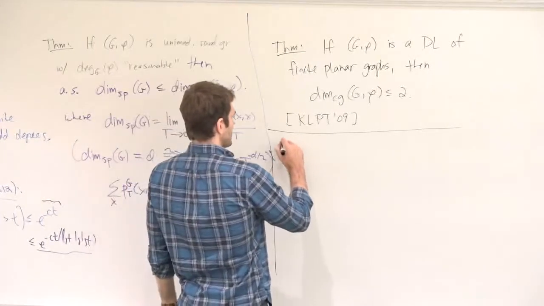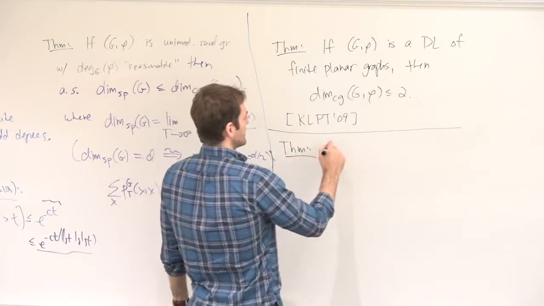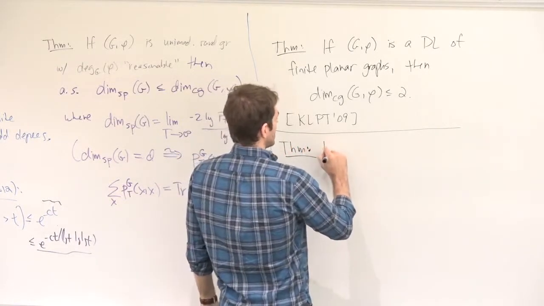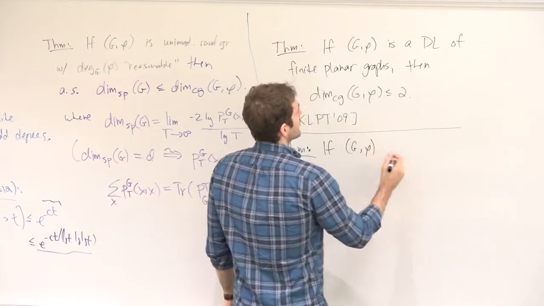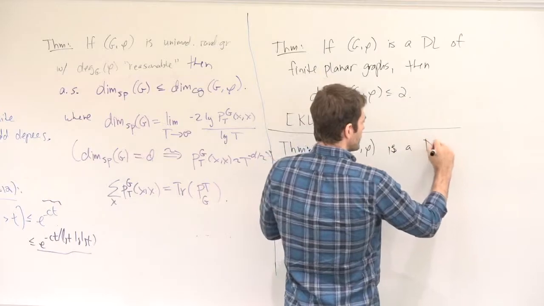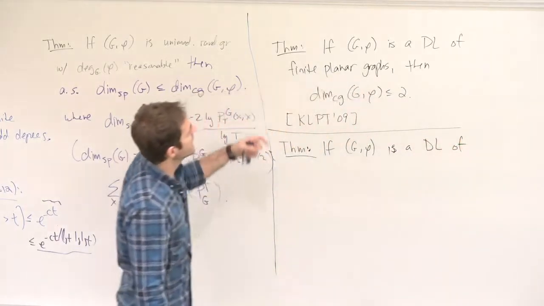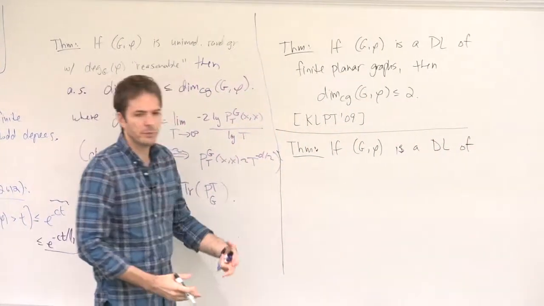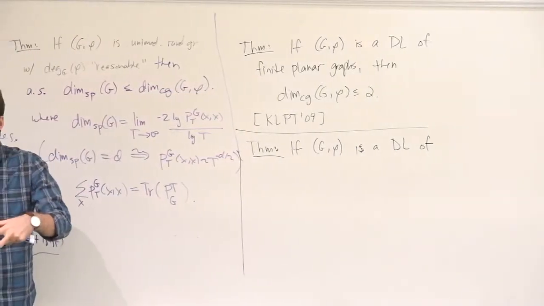So let me mention a theorem which we will prove in the second part. If G is a distributional limit of, let's not look at planar graphs, let's look at graphs that can be sphere packed, that are the tangency graphs of sphere packings in R^D.